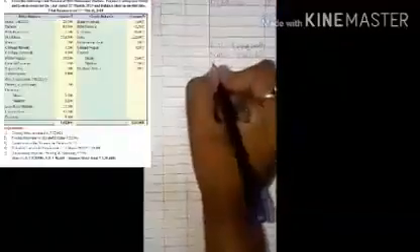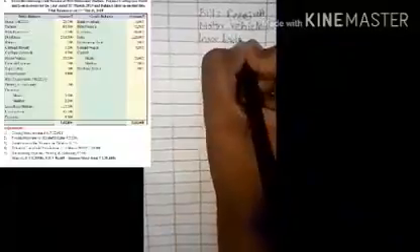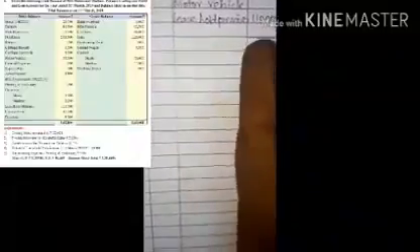Next item is leasehold property, leasehold premises. So come to the balance sheet asset side, leasehold premises, inner column 1,10,000, and we have to leave one line for adjustment. Next item is cash at bank.